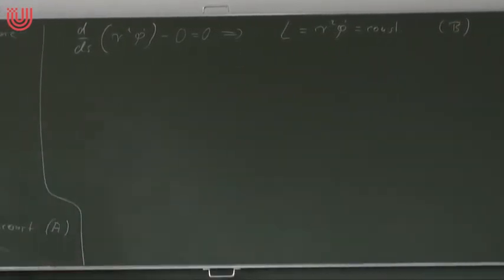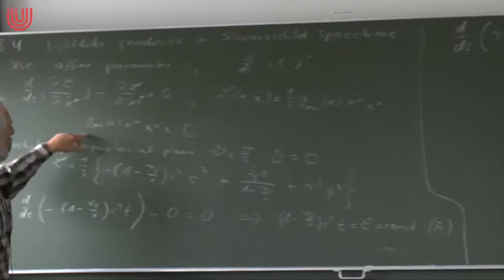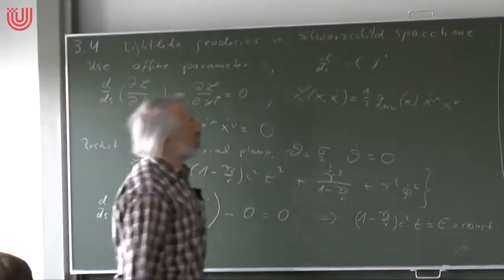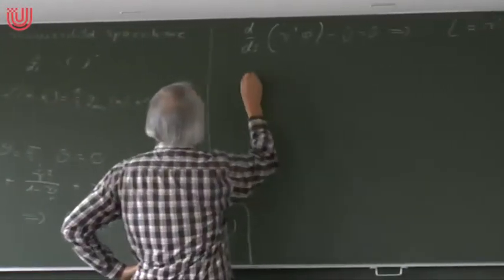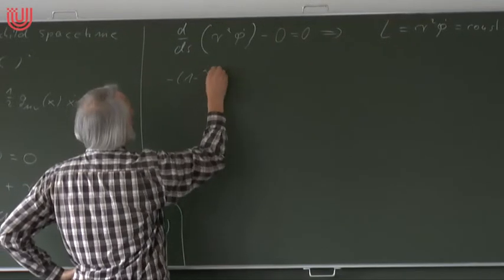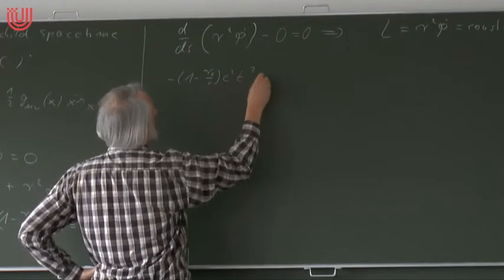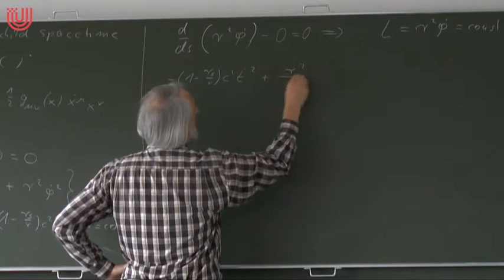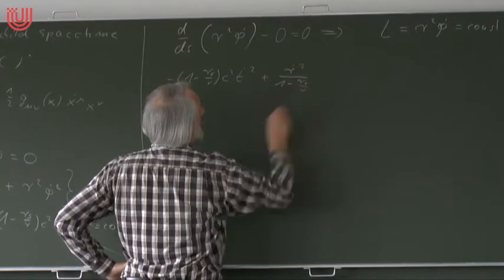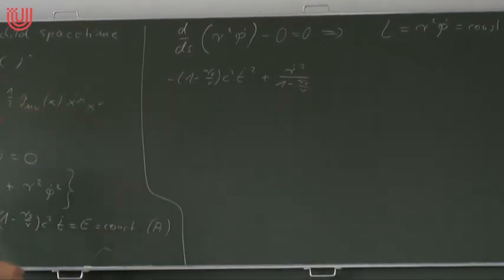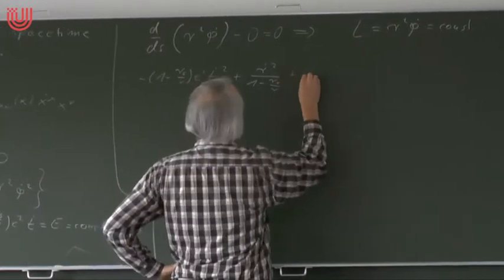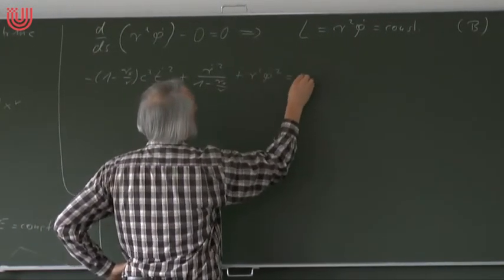And then the third equation, that's now different from what we had for the time-like case because we have the 0 here. The third equation is now minus (1 minus r_s over r) c squared t dot squared plus r dot squared divided by (1 minus r_s over r) plus r squared phi dot squared is 0.